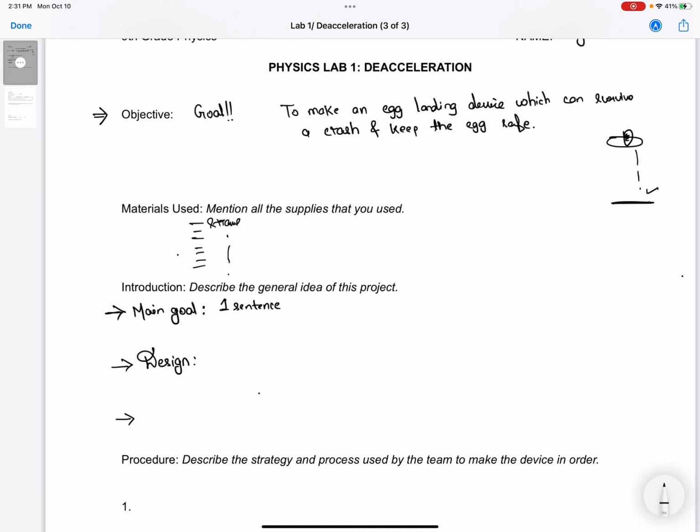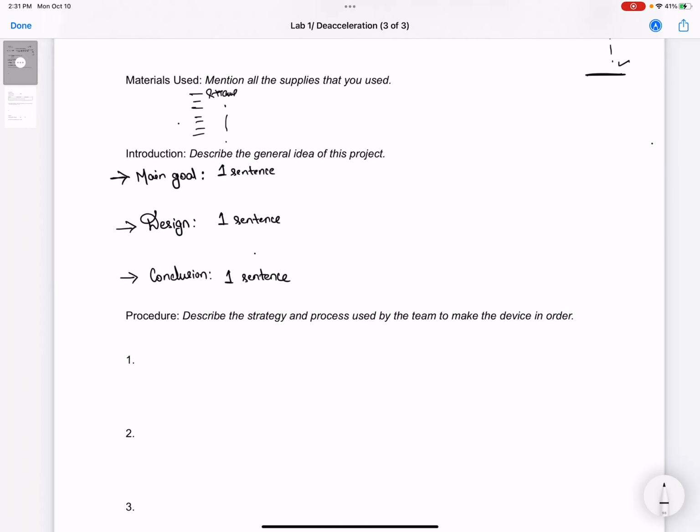And then one sentence about the conclusion, like what happened, did the egg break or not, or what we learned from it, or whatever was the main gist or conclusion of the project. So at least 3 sentences should be there in your introduction. I don't want to see "don't break the egg" and that's it. So yeah, 3 sentences in your introduction.